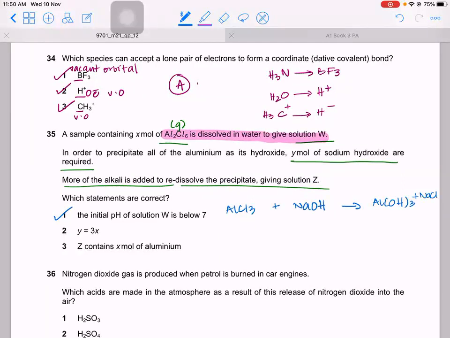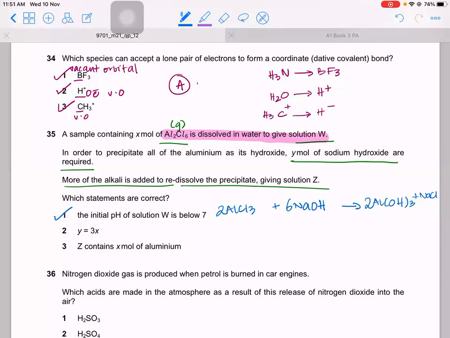They are saying Y is equal to 3 times X, or 3X. And X is X moles of Al2Cl6. So how many moles of AlCl3 would we have from 1 mole of Al2Cl6? 2 moles, because 1 Al2Cl6 gives you 2 moles of AlCl3. So if you have 2 moles of this, you will put a 2 here. Then your hydroxide will become 6. So you will have 6 here.